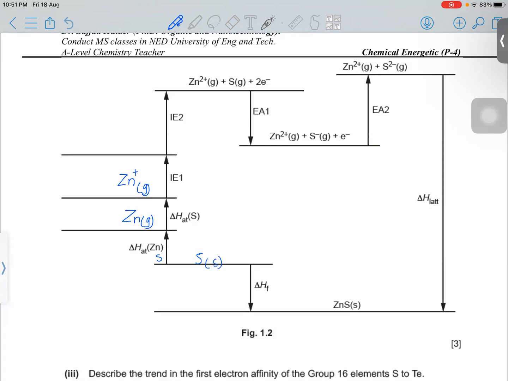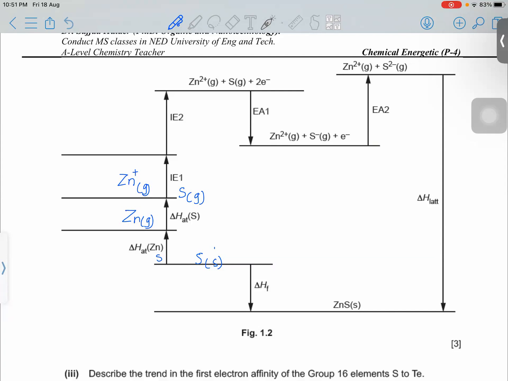So first atomize it, it converts into sulfur gas. So here we have sulfur gas.